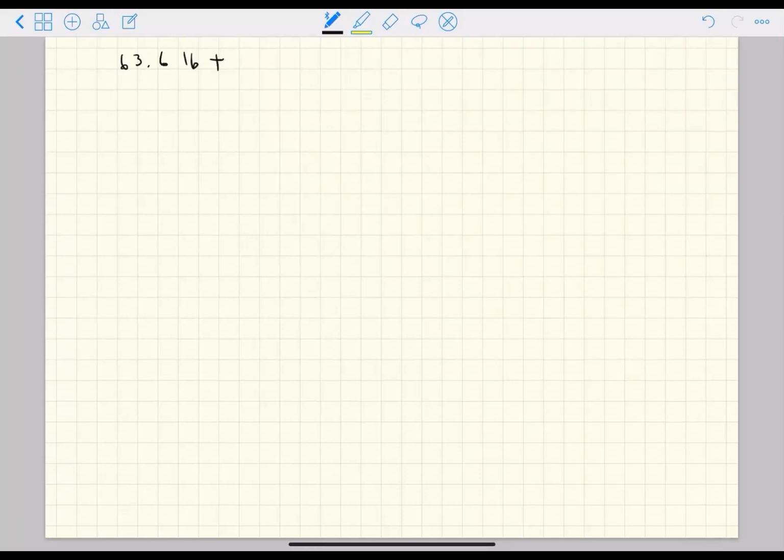Plus 60 cosine 30 is 51.96 pounds. Minus our 0.4 times 183.6 is 73.4 pounds. And when I bring ma to the other side, we have 150 pounds, which you can simplify as well. I just didn't do that here.